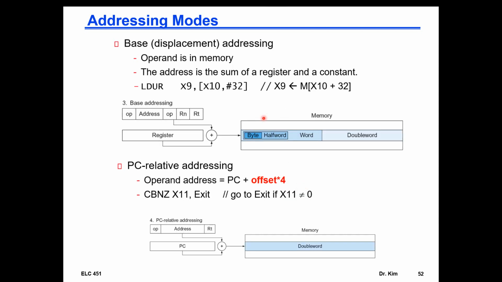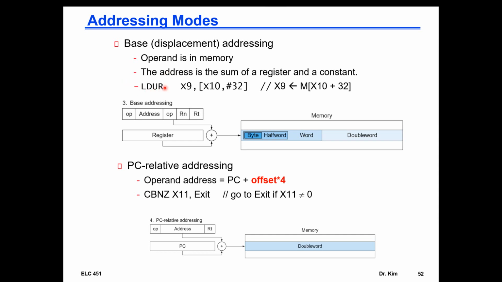Base displacement addressing. So the operand is in memory, whether it is a byte, half word, or double word is given by the instruction. This is for a word.